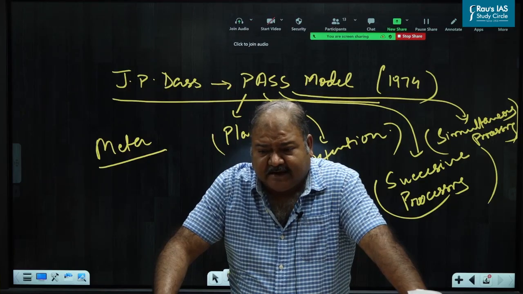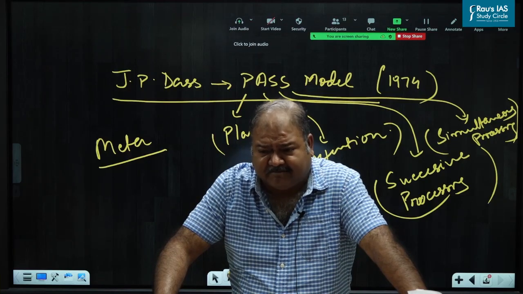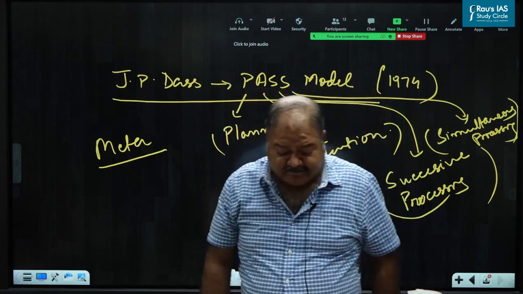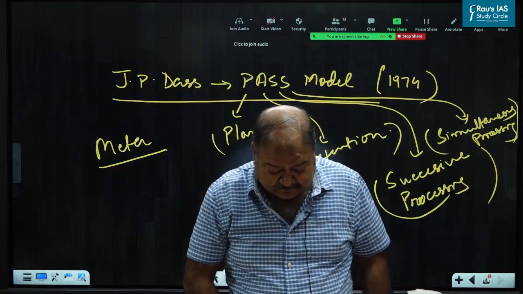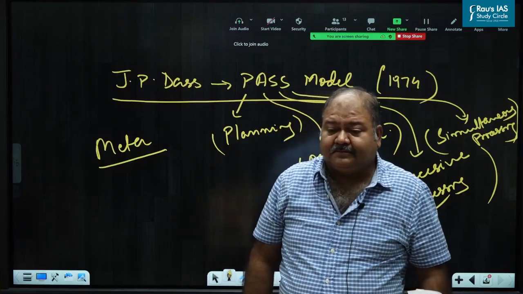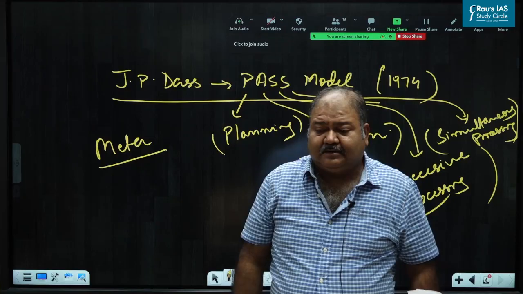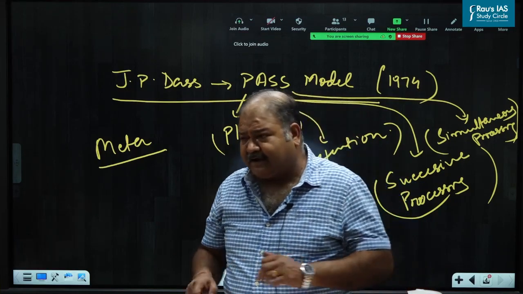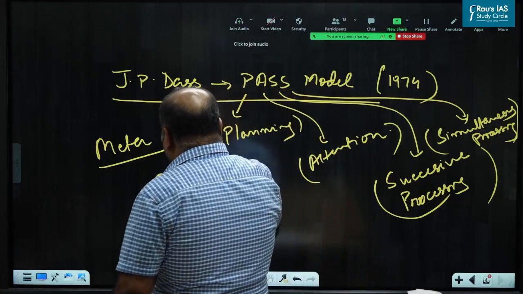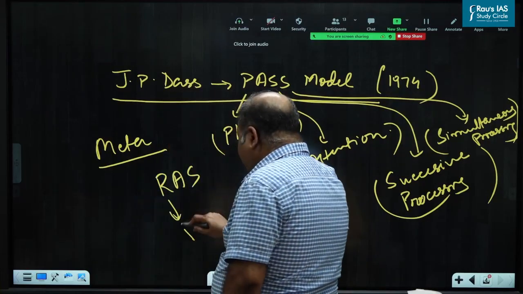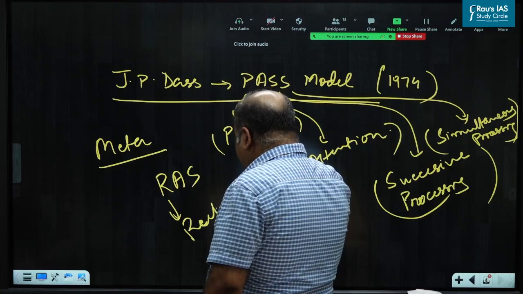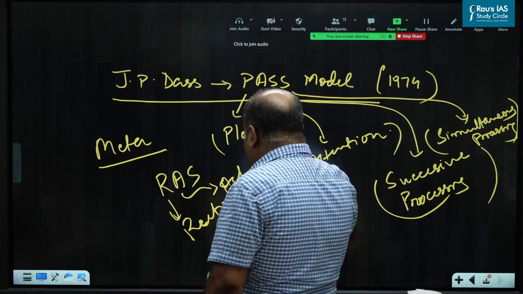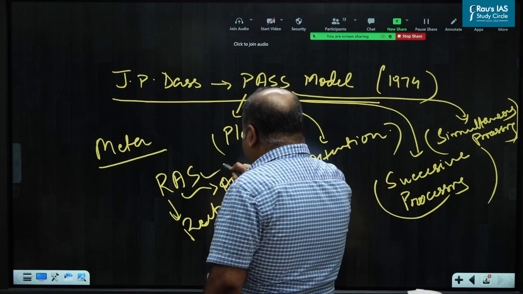Attention is a function of brain stem, particularly RAS, if you remember, reticular activating system.